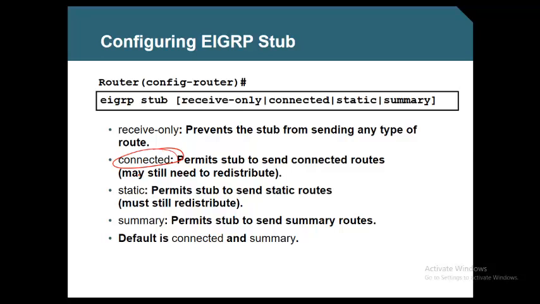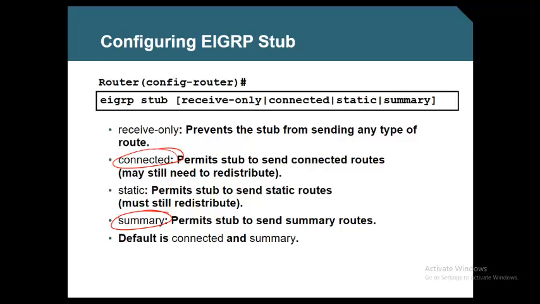Next is stub summary. What is stub summary? The router which you configure as a stub summary will take responsibility only for those summarizations that you have done on the router. It won't even take care of the connected network. It will go to the hub router and say, hey, this is the summary network I have.